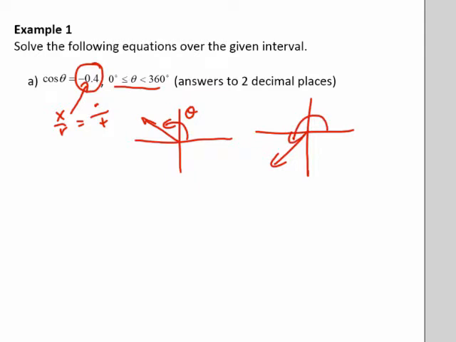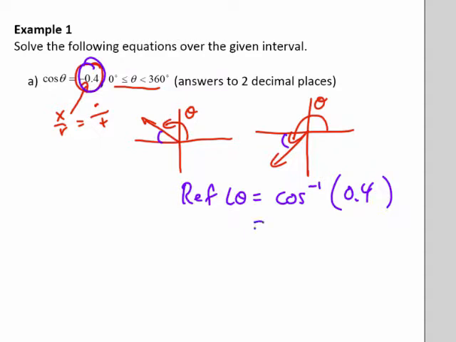And what both of these standard position angles have is a reference angle that's the same. And we can get that reference angle by taking the inverse cosine of the positive ratio, 0.4. And on my calculator that came out to be 66.42 and a bunch of other numbers degrees. So I'm just going to write down some numbers there.